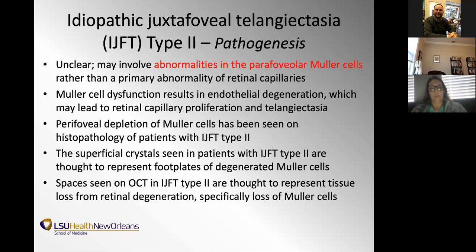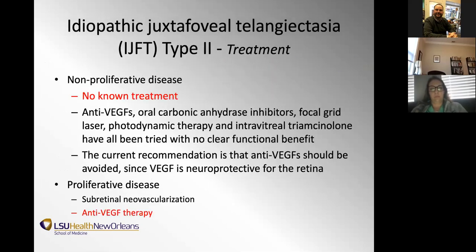So essentially, what's recommended is that you observe these patients unless you note any signs of neovascularization. And that's what this slide talks about: for non-proliferative disease, you don't treat.